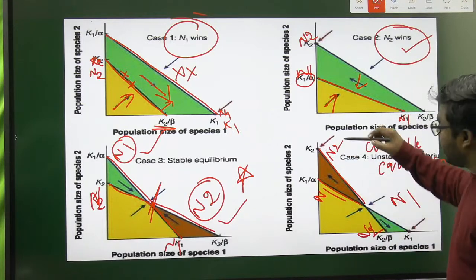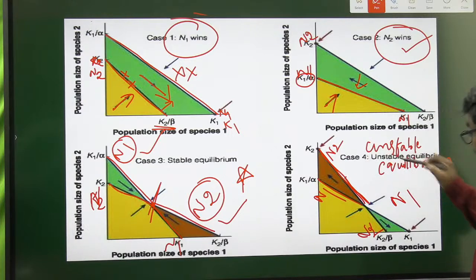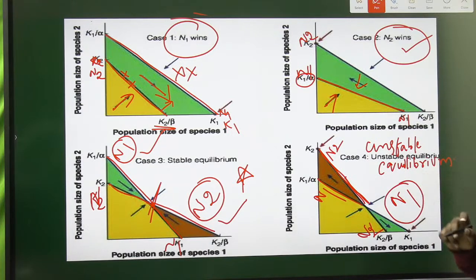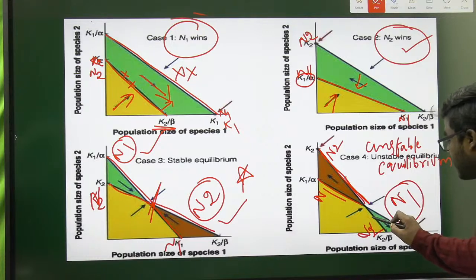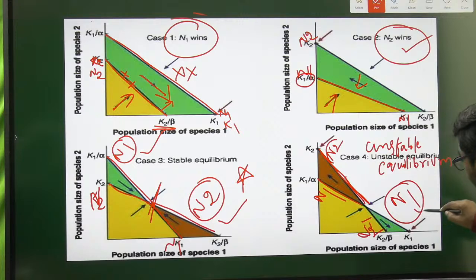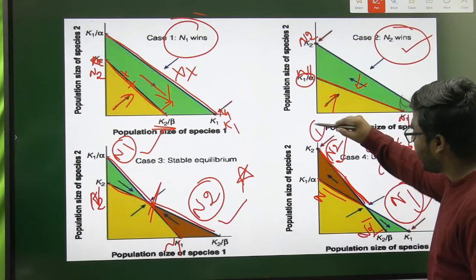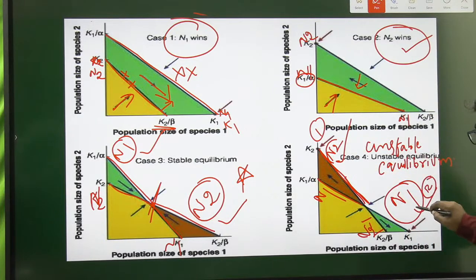But friends, all of you listen to my statement. Whenever N2 is going to dominate, N1 once again tries to compete. When N1 is going to win, once again N2 will compete, which means equilibrium will form. In one case N2 won, in another case N1 won.